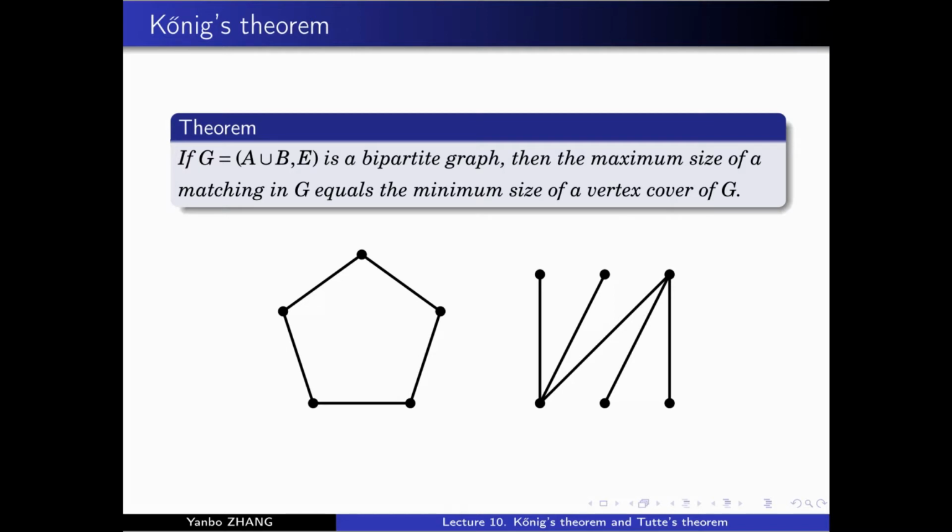Okay, the first theorem is Kőnig theorem. If G is a bipartite graph, then the maximum size of a matching in G equals the minimum size of a vertex cover of G. This is a minimax relation theorem.